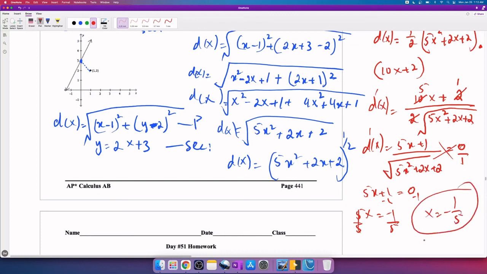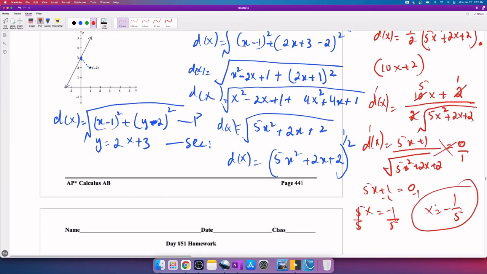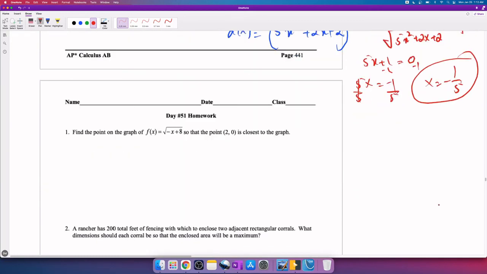Now we have to make a sign chart to see if we are getting the minimum distance. So I make a sign chart. When I plug into d prime, let's plug in negative 6 here. When I plug in negative 6, I'm getting negatives.